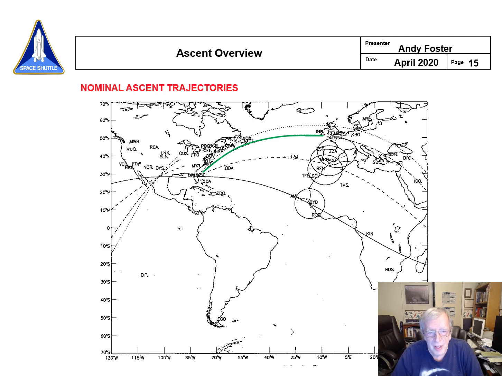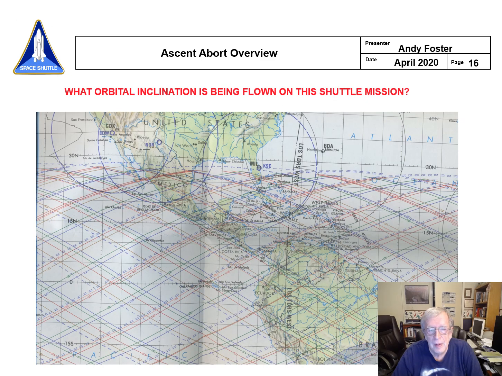So again, you've got to change these during ascent. Once you get on orbit, you could expend every bit of OMS you had in the vehicle, and you'd only change your inclination by 2 degrees, which would be just enough to maybe see it on this map, but that'd be about all.